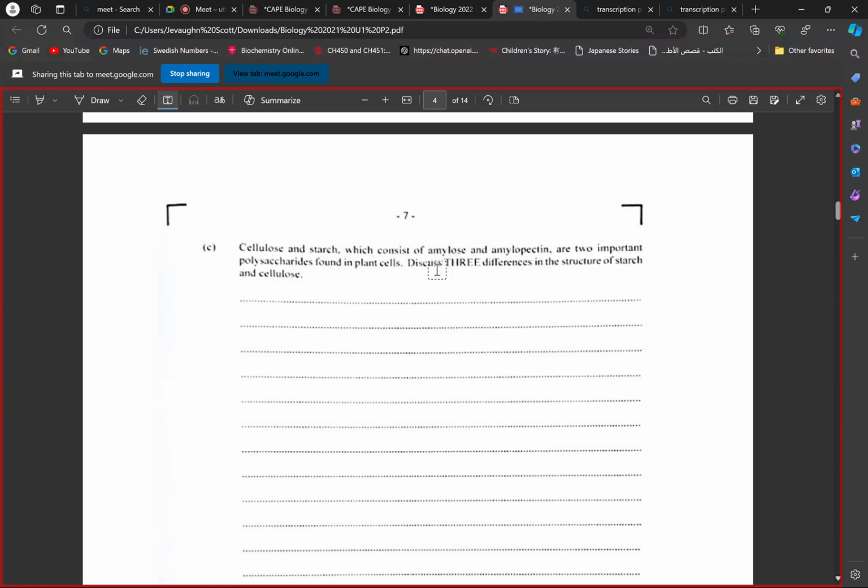Cellulose and starch, which consists of amylose and amylopectin, are two important polysaccharides found in plants. Discuss three differences in the structure of starch and cellulose. Let's start with starch. What structure of starch do we see? List them now because we're supposed to have all of them on lock and key. Go ahead.